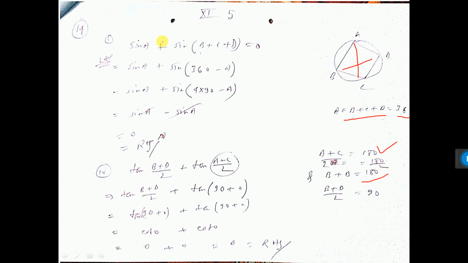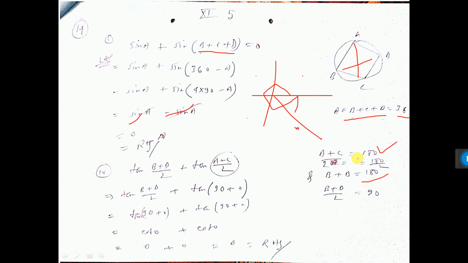Now see here, first sum, sin A plus sin B plus C plus D can be written 360 minus A. Now 360 means 4 into 90 minus A. Now sin, even multiple will be sin only. But see the quadrant, 1, 2, 3, 4 into 90 minus theta, that means only cos is positive, not sin. Our sum is sin, so a minus sign will come. That is 0 answer.